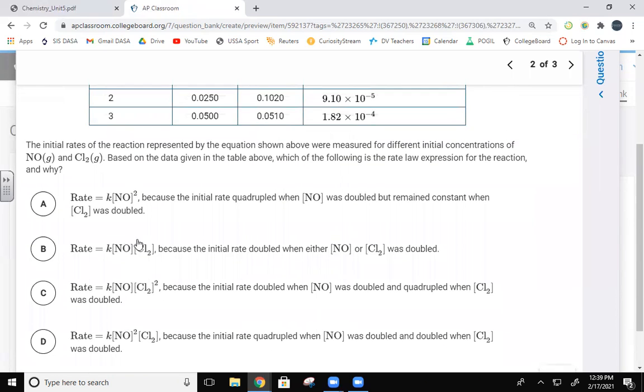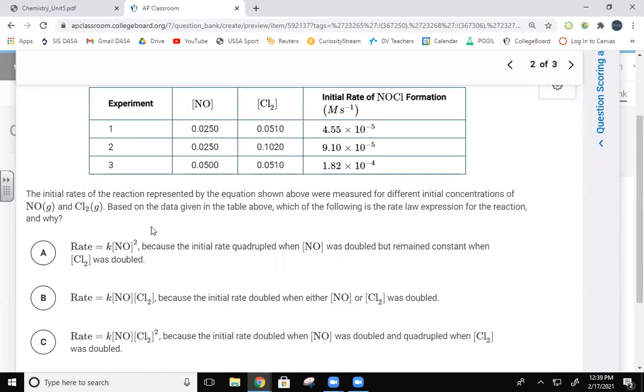Does A make sense? So the initial rate quadrupled when nitrogen monoxide was doubled. So nitrogen monoxide was doubled, so we got a faster rate.